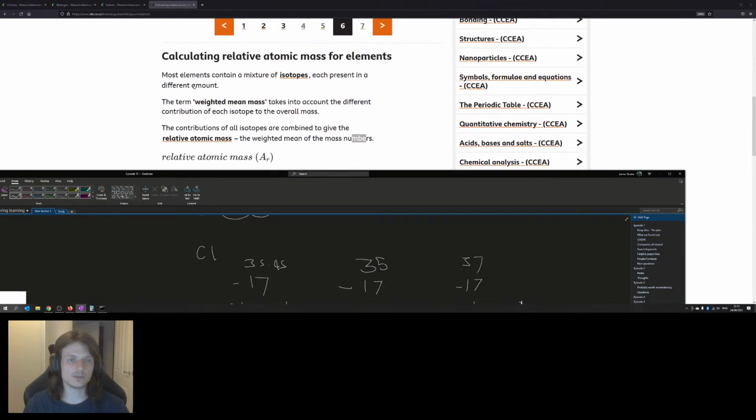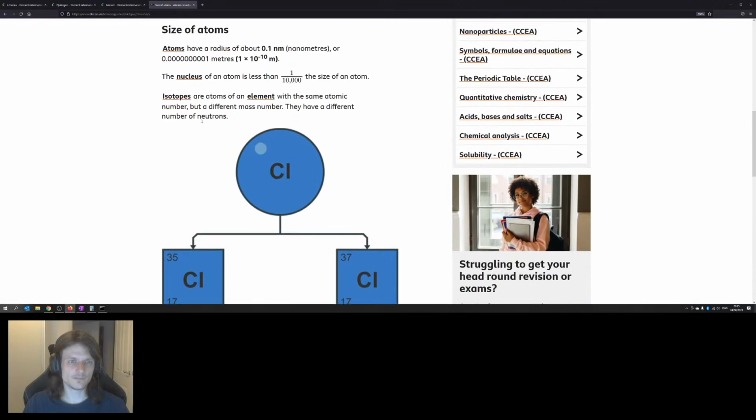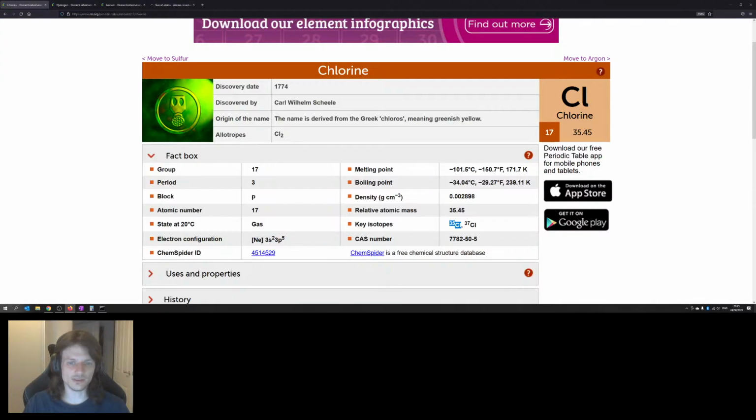So what is this one? This is atomic mass, maybe? Mass number. I see. Oh, is it not? So what the fuck is the mass number then, if it's different?